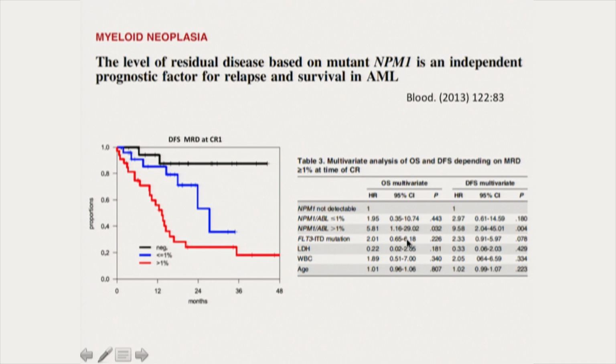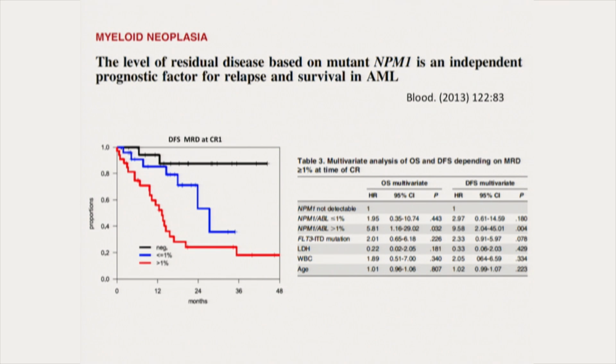And the other point is, by doing a multivariate study, you can see the risk factors associated with the leukocyte count, or the high-risk genomic factor, the FLT3 mutation, lost significance when adjusted for the MRD detected by RT-qPCR.